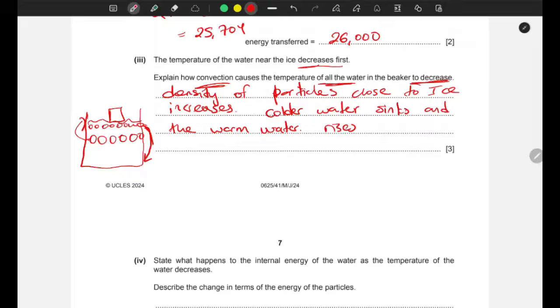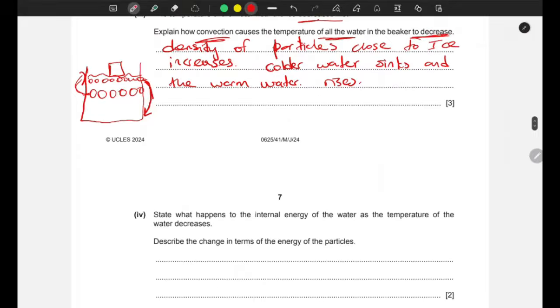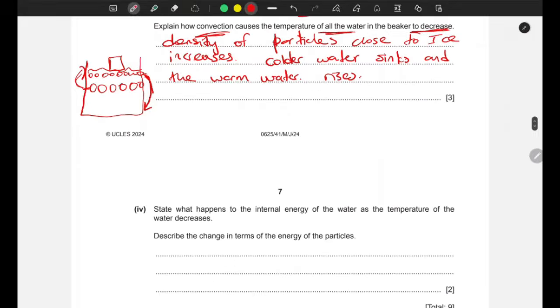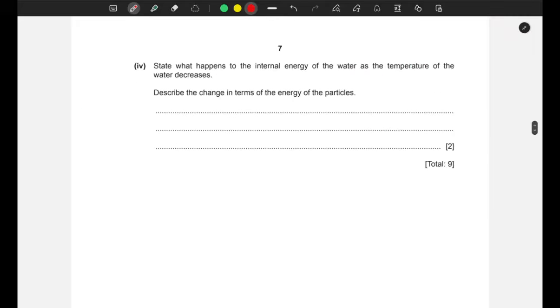The warm water rises, the cold water sinks. So this keeps on happening until all the water is at a constant temperature. That's how all the water is cooled by the ice.